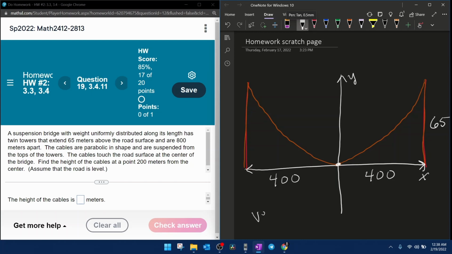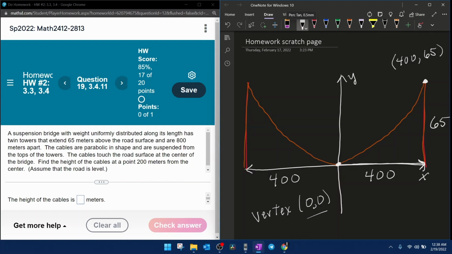And with this information, we know a couple of things, okay? So let's label the vertex of our parabola, which is centered at the origin because we chose it. We also know this point on the parabola where the cable touches the top of the tower. So the x coordinate of that ordered pair would be the distance across the road to the tower, which is 400, and then the y coordinate would be the height of the tower, which is 65.